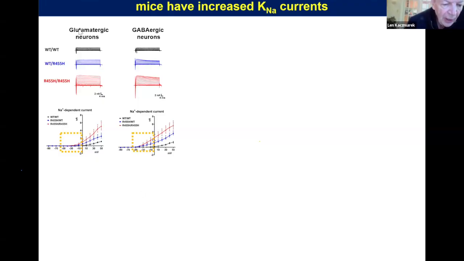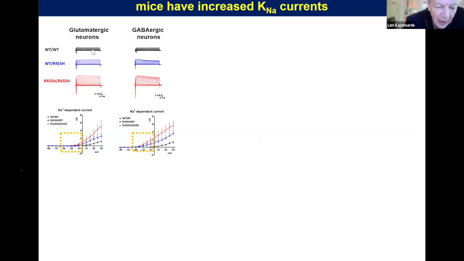So Jean Wu in our lab recorded from excitatory glutamatergic neurons, pyramidal neurons in the cortex, and from GABAergic interneurons, from two different types of GABAergic interneurons. He did this in culture, and he was able to record not only from the heterozygous animals, but because we can get embryos before they're born, he was able to get neurons from the homozygous mutation.